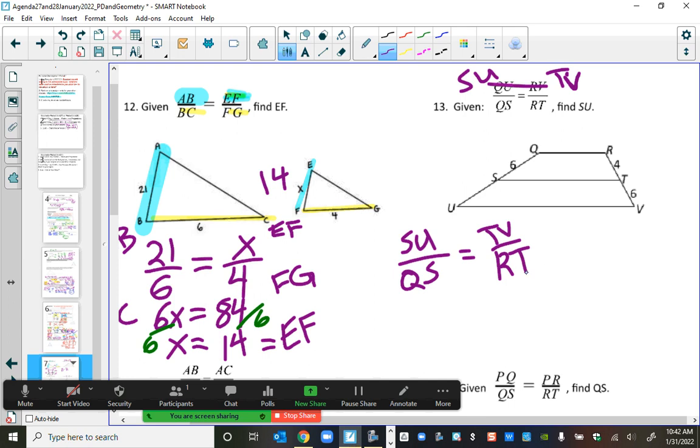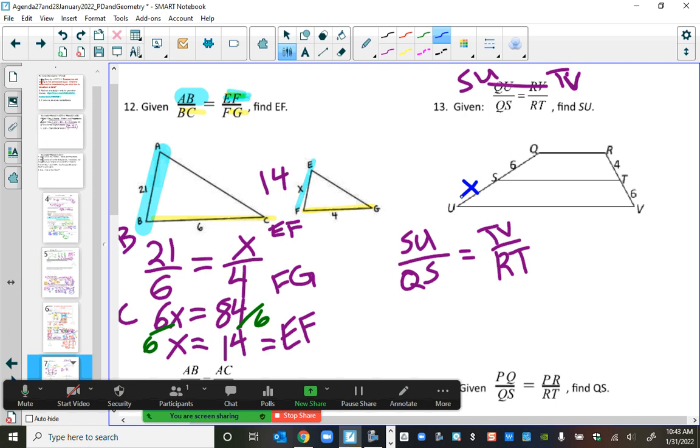Now, do we know what SU is on the top? Do we know what SU is yet? What can we put here for now? We don't know it. We put an X. Now you have your setup. Now they flipped it a little, which in the end, you could have gotten away with, because if you flipped that one, you'll still get the same result.